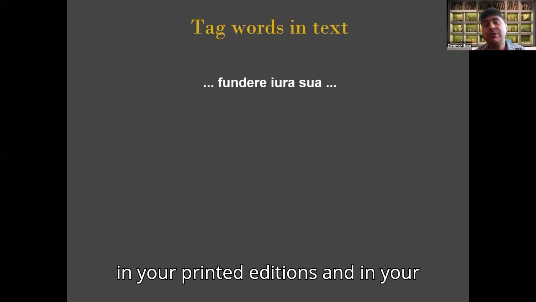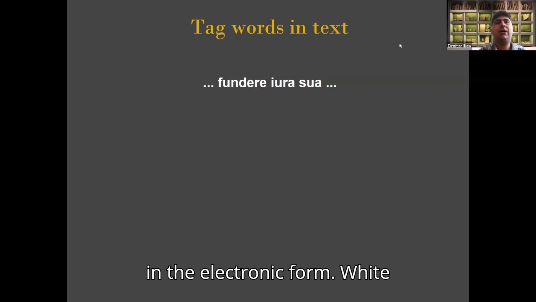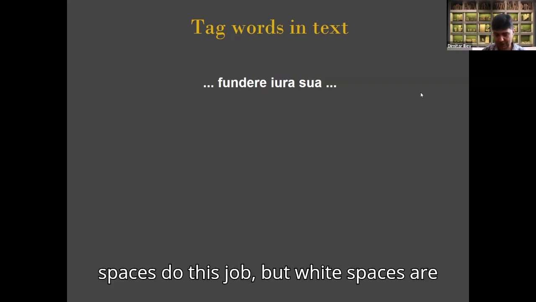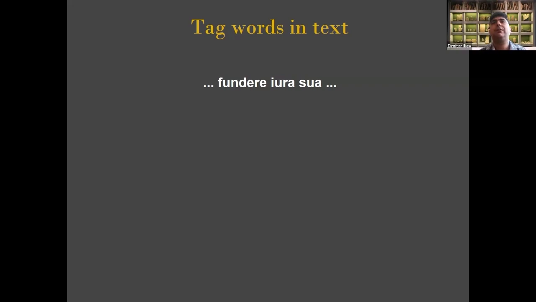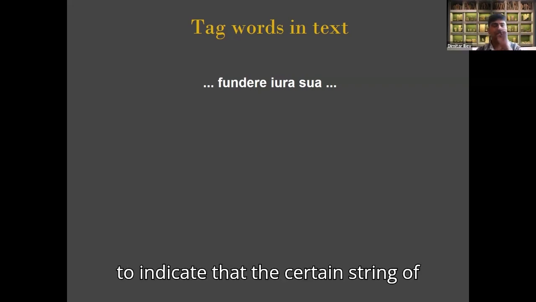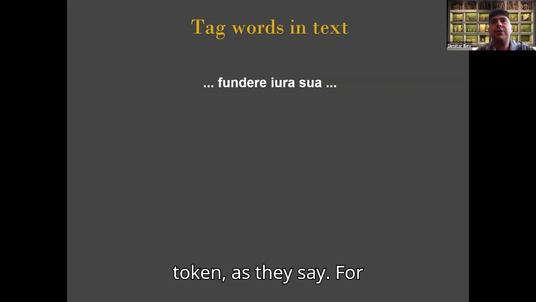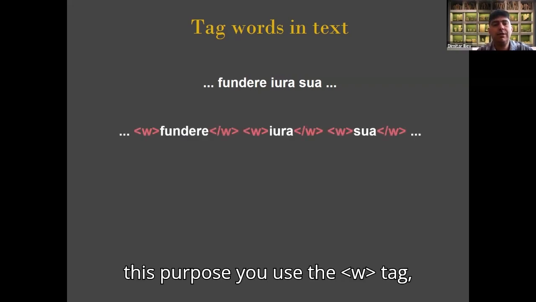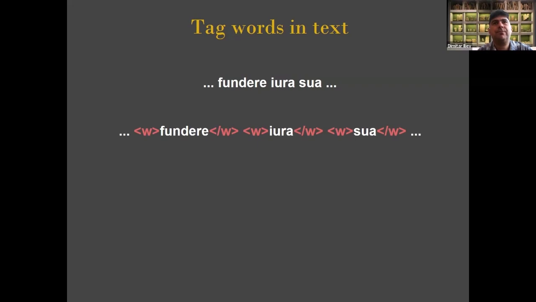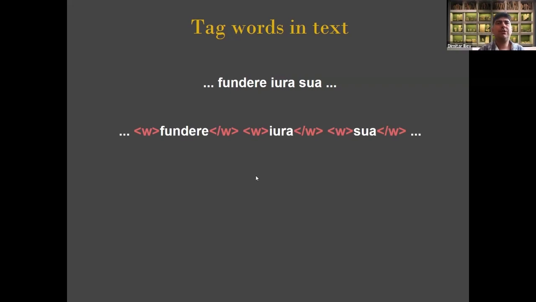In your printed editions and in your editions of the text, the output editions in the electronic form, white spaces do this job, but white spaces are not enough for the process which is called tokenization, which means to indicate that a certain string of characters is a word, is a separate token, as they say. For this purpose, you use the W tag, which stands for word. So each and every word in your document you want to encompass between start word and end word tag.